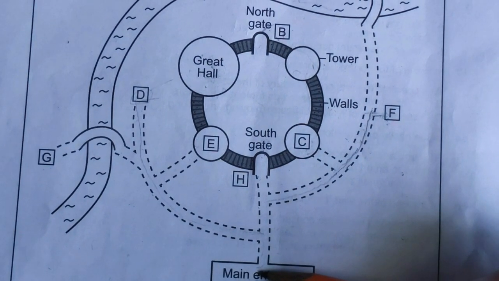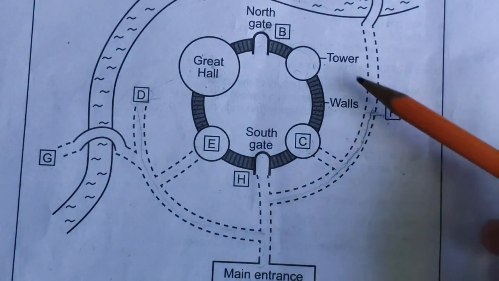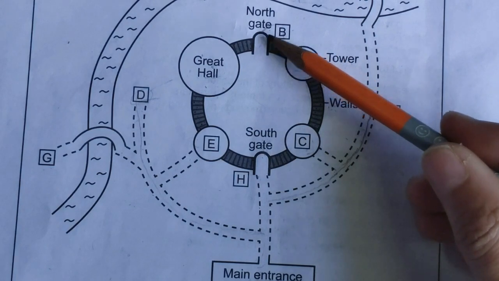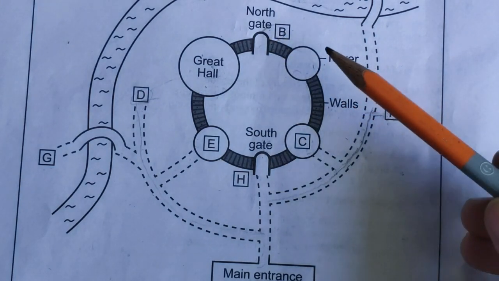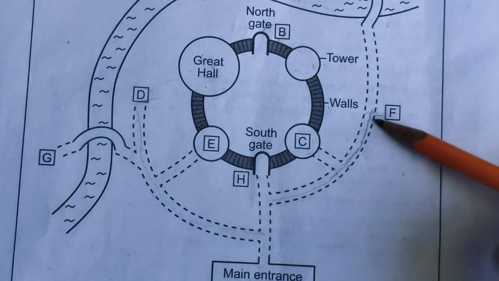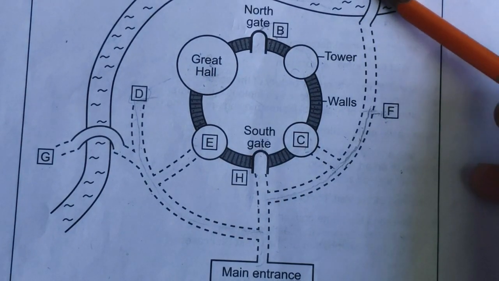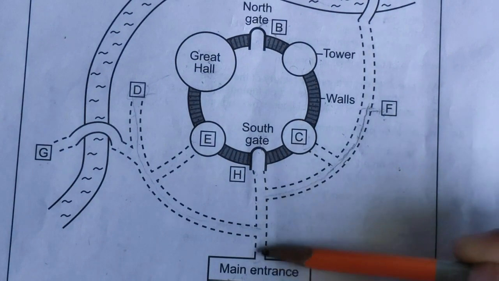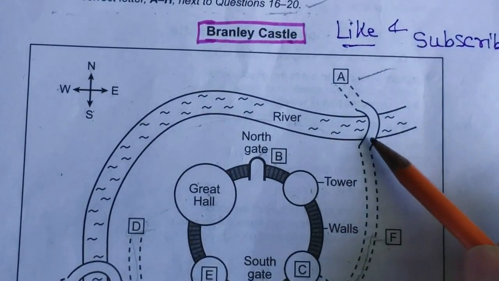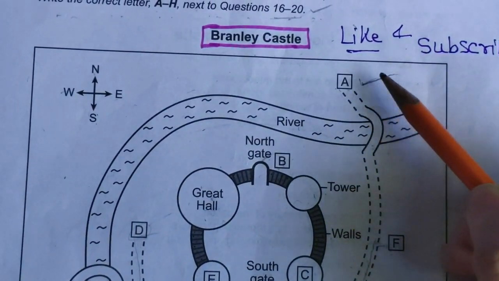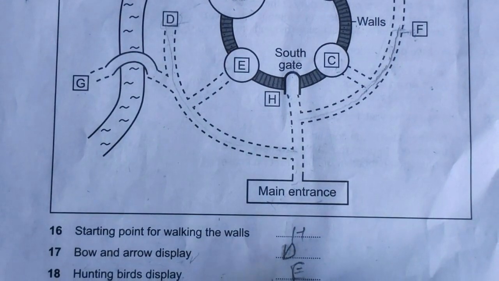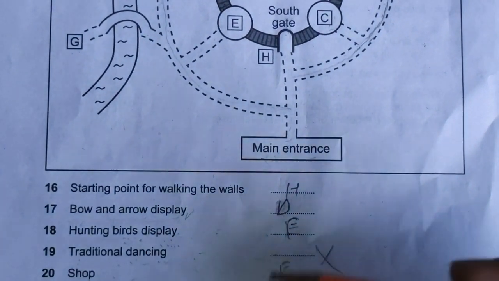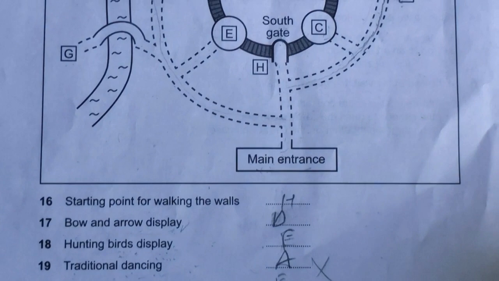This is the entrance. At the other side of the castle from the entrance, over the bridge, it's about 10 minutes from the main entrance. Over here is over the bridge. So this is the point for traditional dancing, the point for A.